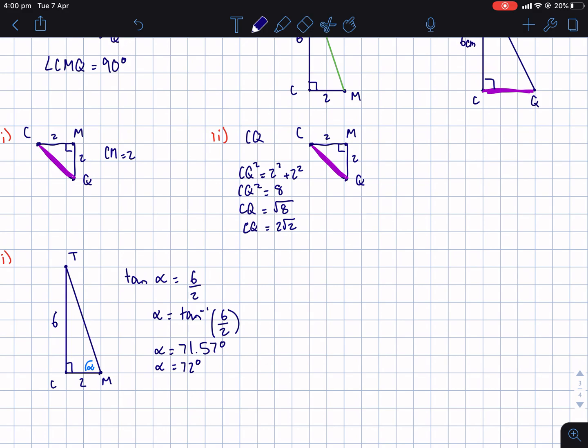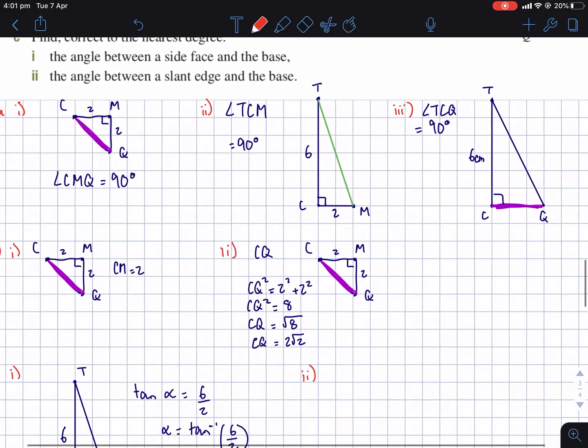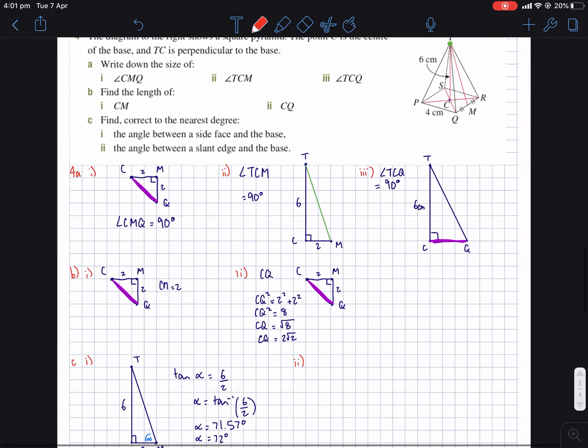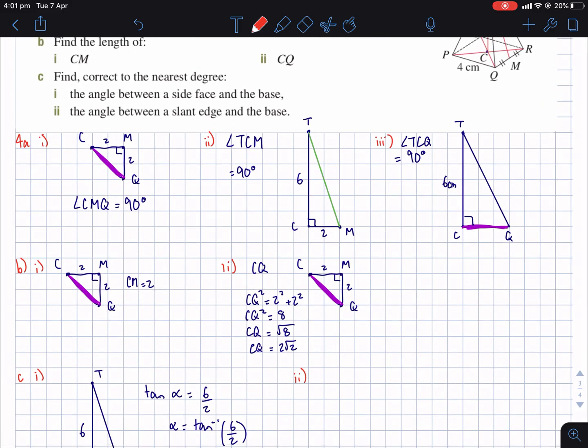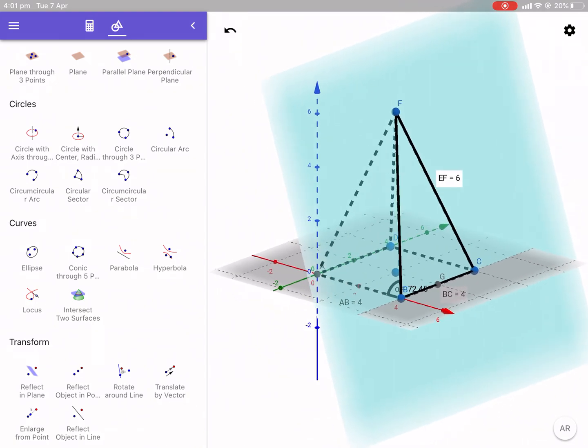And then if I have a look at question 2, we want the angle between a slant edge and the base. So this one we had was the angle of that whole face, yeah?